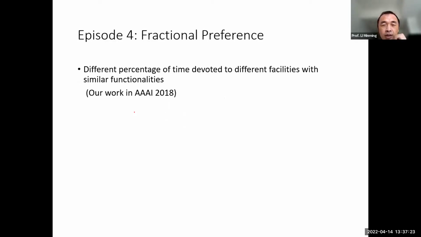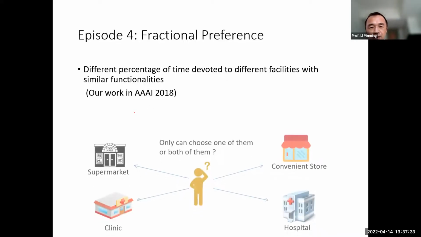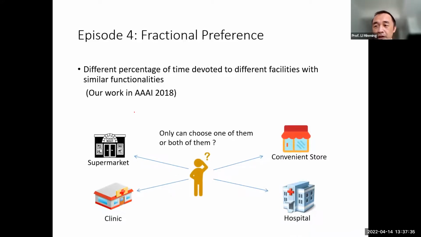Okay, now next, an episode under heterogeneous facility. This one is not in the agenda, but also interesting. It's called fractional preference. So what is fractional preference? Imagine there are 2 facilities which can serve a similar purpose, for example, a supermarket and a convenience store. During weekdays, you probably will not go to the supermarket a lot.